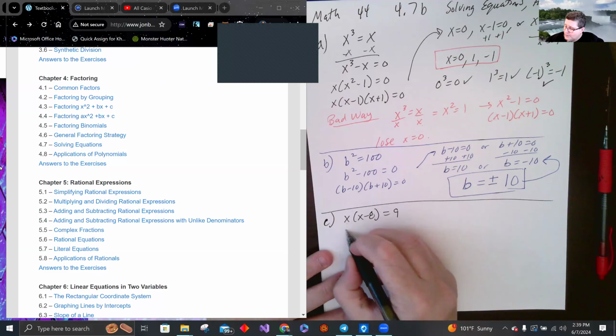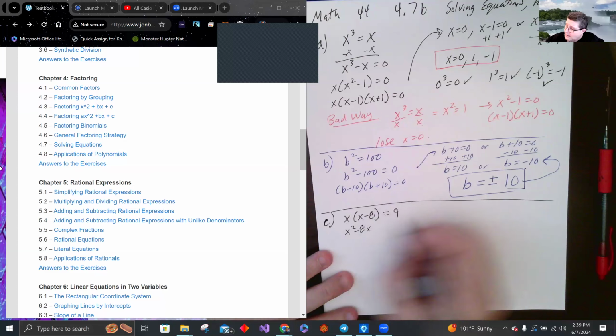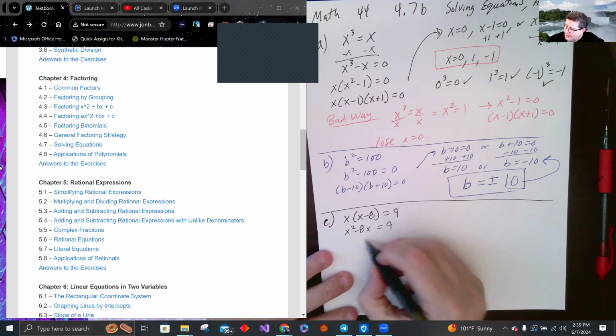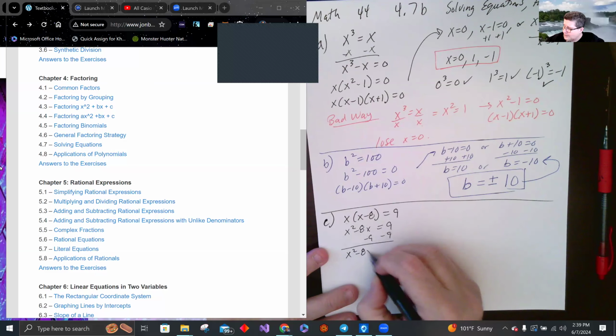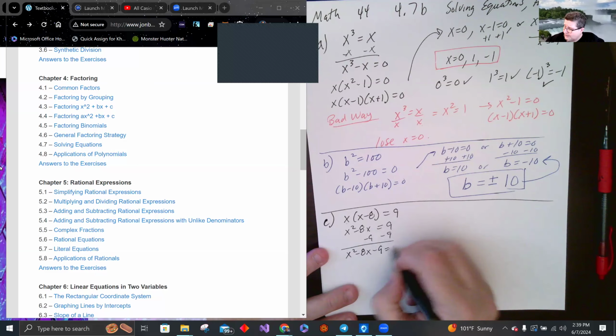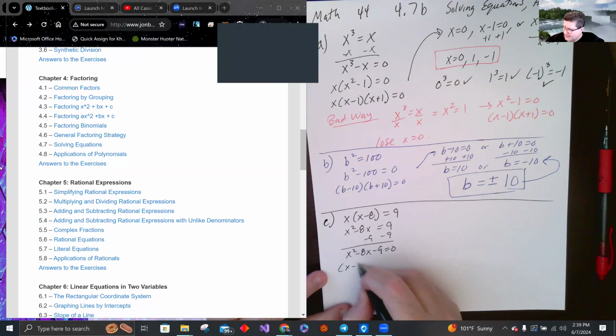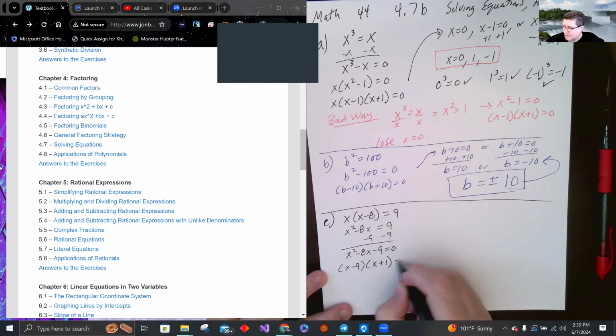So I'm going to distribute this, and then I'm going to subtract the 9 over. And I get x squared minus 8x minus 9 equals 0. If you factor this, you're going to get x minus 9 and x plus 1.